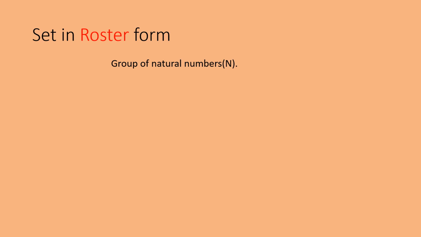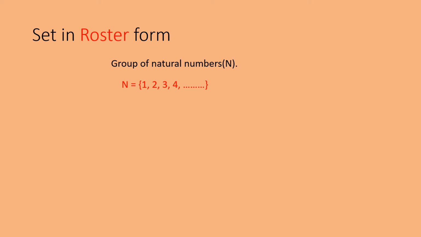For example, group of natural number. Capital N is indicating the name, 1, 2, 3, 4, 5, 6, 7, 8 dot indicating the elements, and we try to keep them close inside the curly bracket. So capital N equals to curly bracket start 1, 2, 3, 4, and so on, and then we close the bracket.